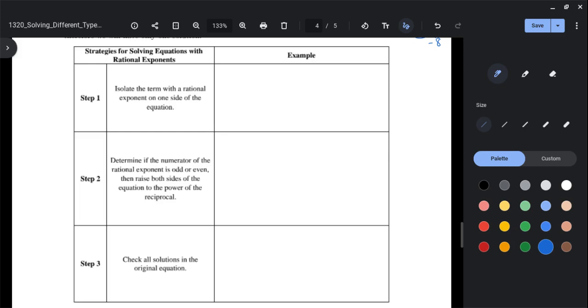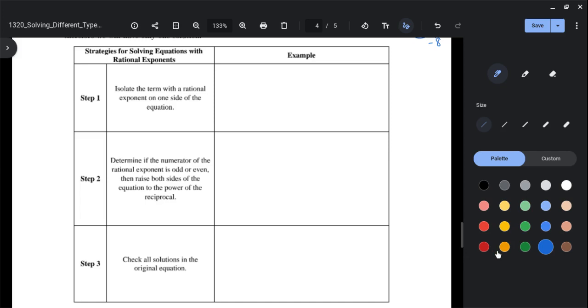Step 2, we need to determine if the numerator of the rational exponent is odd or even, so that we know if we have the positive and negative of our solution or just the positive. And then we're going to raise both sides of the equation to the power of the reciprocal of that rational exponent. And then the very last step, we're going to check all our solutions in the original equation.